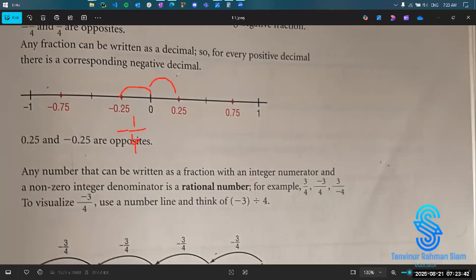If we move from here to here, it will be positive 1 by 4. If we move here to here, it is 1 divided by 2, that is 0.5. And if we move here to here, it will be 3 divided by 4.